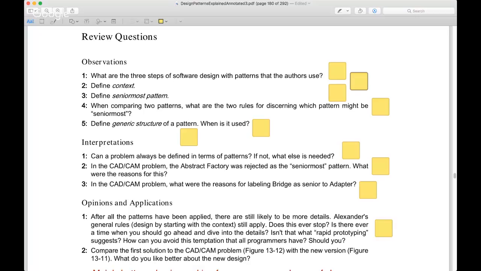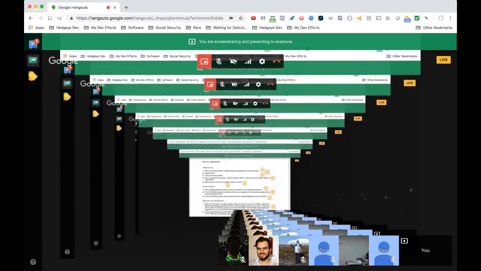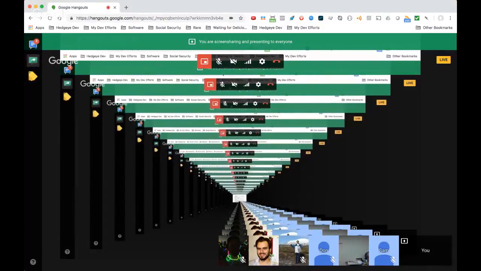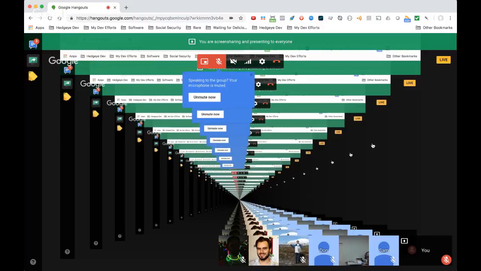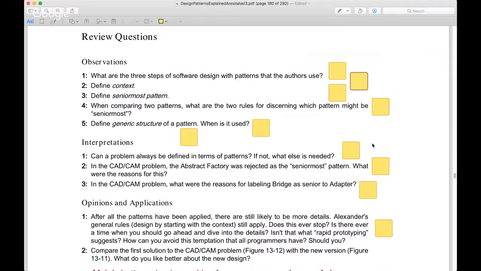So in the case of the CAD/CAM problem, CAD/CAM's biggest thing is really that it is a bridge. The problem is I have multiple CAD/CAM systems and one manufacturing thing, but I have one kind of features that are universal. So the features are the abstraction, but I have multiple implementations of them. So in essence, the core problem solved here is the bridge.